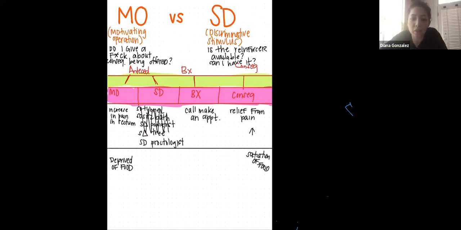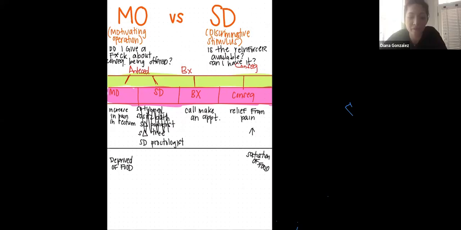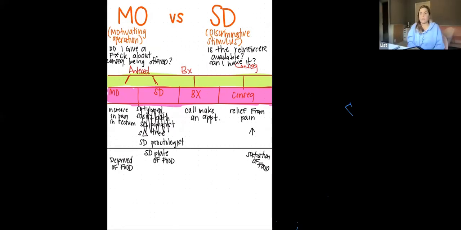So the SD could be a plate of food on the counter. Perfect. Or rather the sight of it, or the food sitting there. That's pretty much signaling availability, like, yo, if you're hungry, I'm right here, eat me.